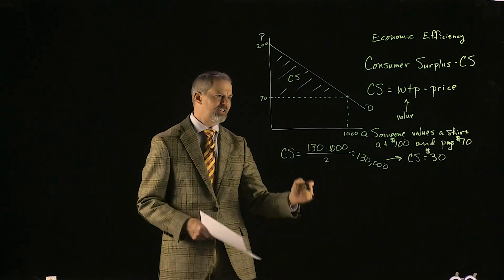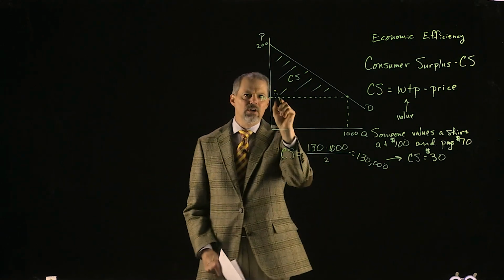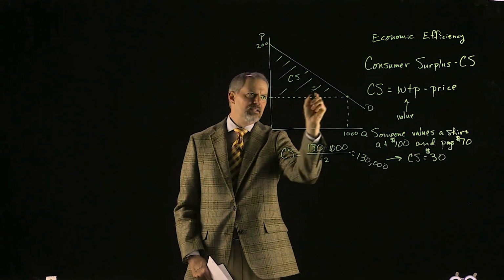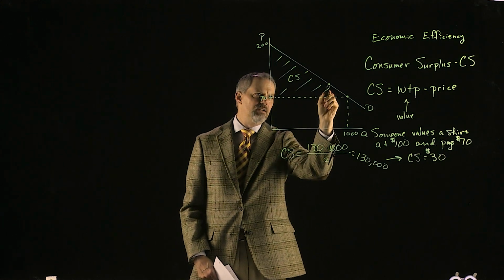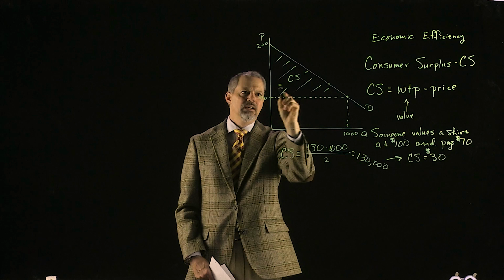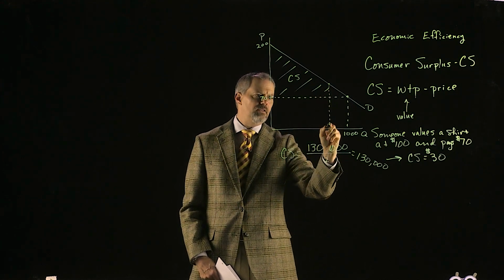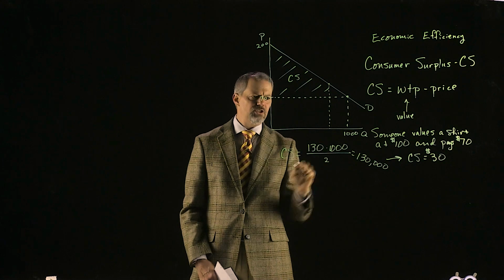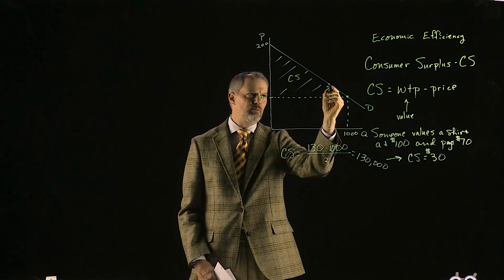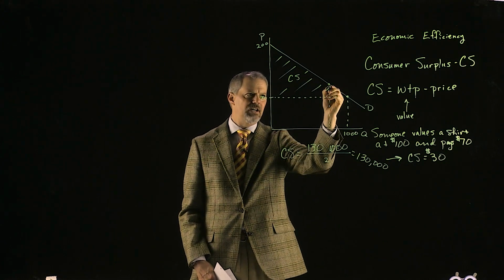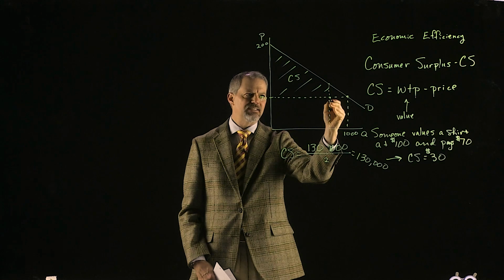This would be like if we had a consumer right in here who's willing to pay 100, so that unit is bought by a consumer who has a willingness to pay of 100, but only had to pay 70.